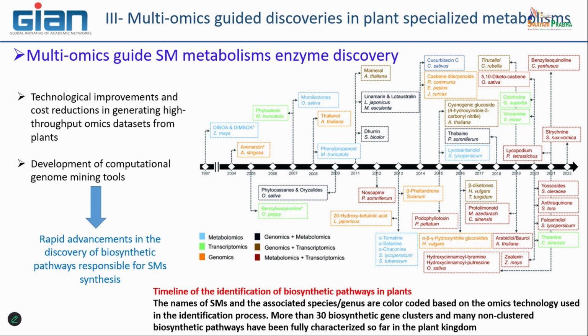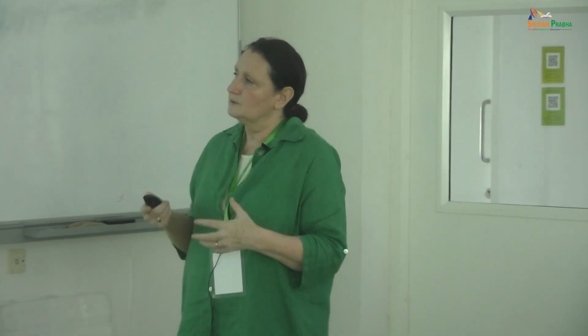But what we observe here is that in the last years, the most efficient strategy used to discover specific new genes combines metabolomics with transcriptomics. That means that now we can have an integrated study of these omics data, and this can be faster for identifying not only one, but sometimes several genes involved in a specific metabolic pathway.